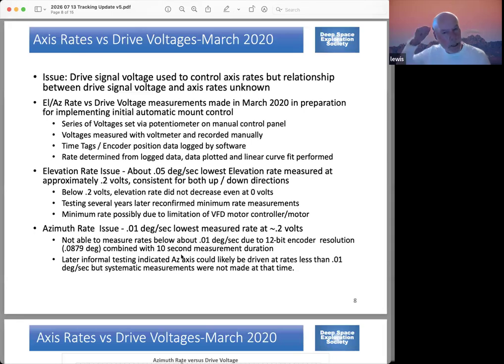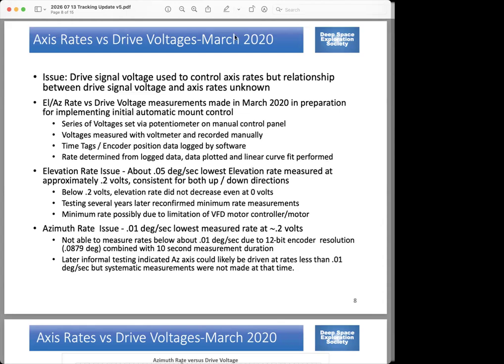And we had software that would run and record a time tag and the encoder position data. And I think it was running at 100 hertz, but is that correct, Lynn? Yeah, I think I remember it being 100 hertz. It was definitely faster than 10 hertz.